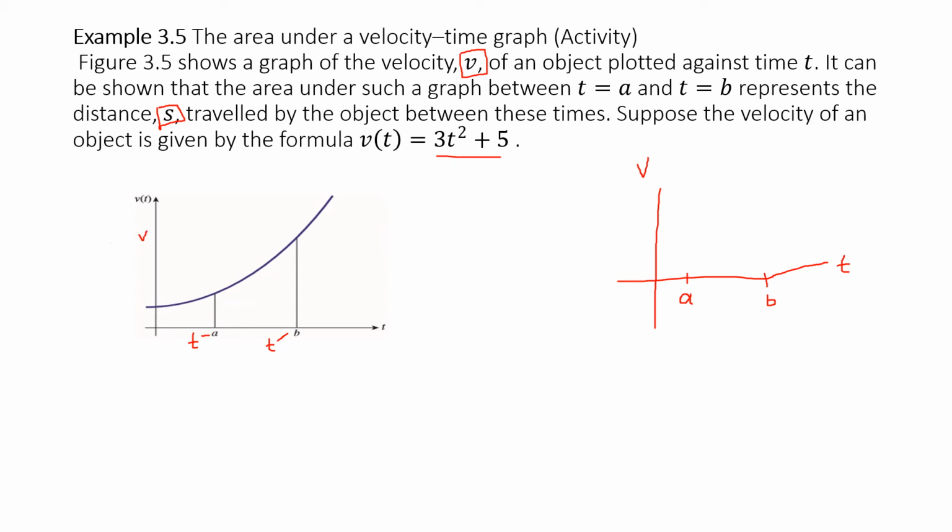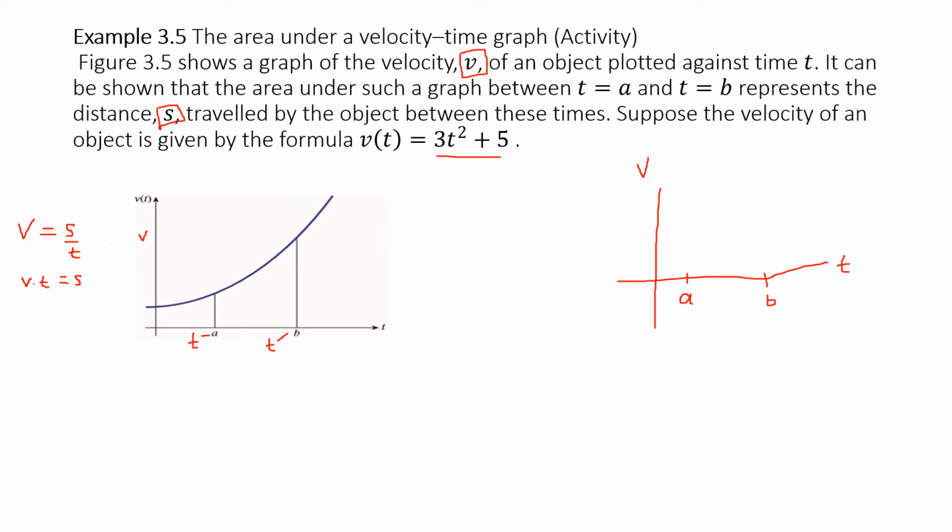If you remember what velocity is, velocity equals displacement divided by time, and then displacement equals velocity multiplied by time.